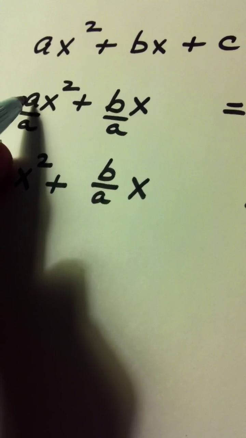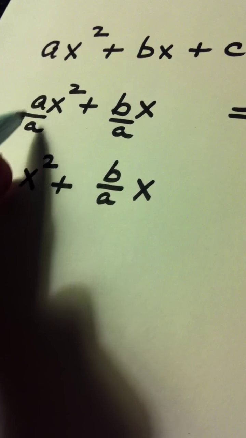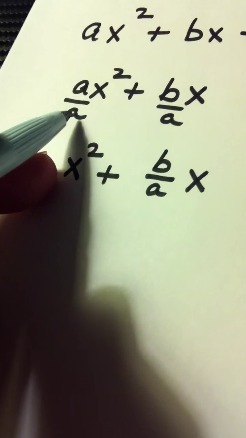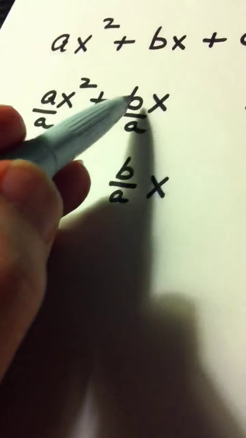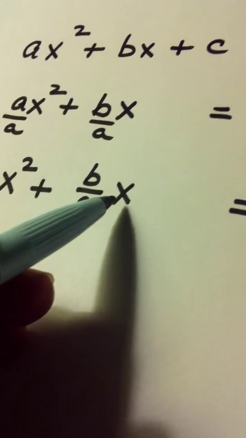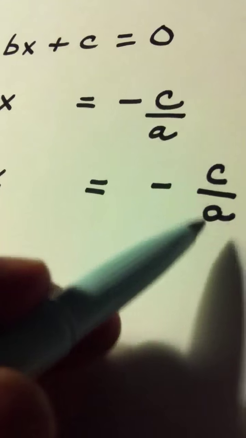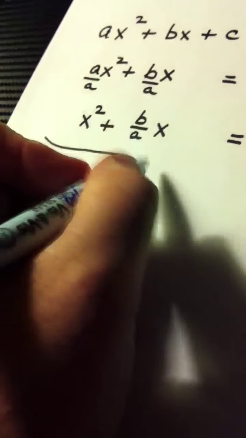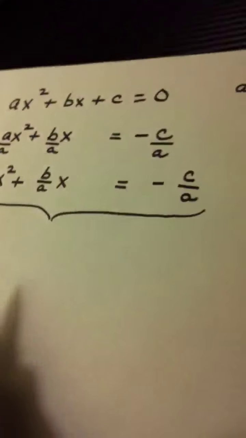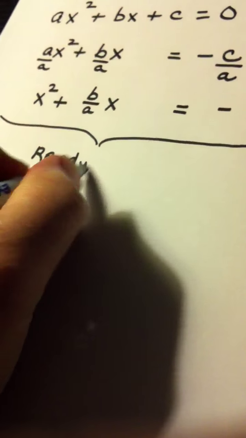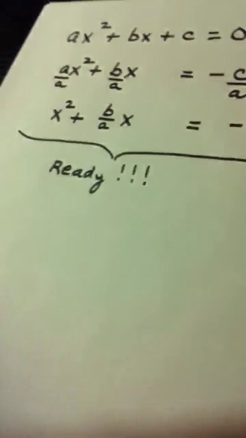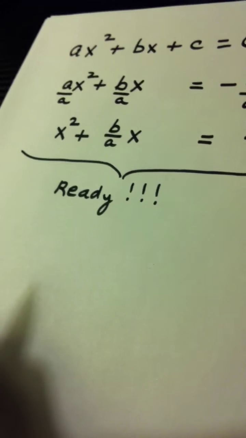So to make it into a 1, we divide everything through by a. a divided by a becomes a 1, so it's 1x squared. b over a times x is equal to the opposite of c over a. So what we've done so far is we are now ready to complete the square.